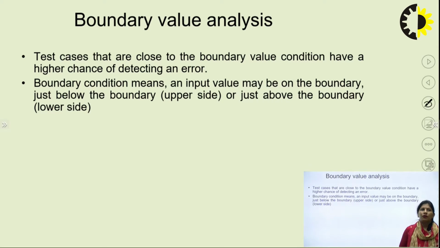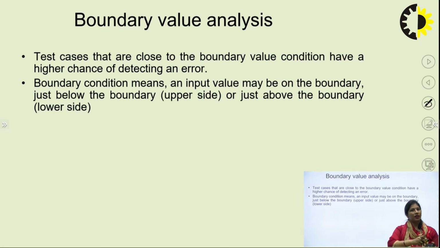Here what we have to do with boundary conditions: the input value may be on the boundary, just below the boundary, or just above the boundary. If I am having 1 to 100, from the lower side it is 1 and from the upper side it is 100.